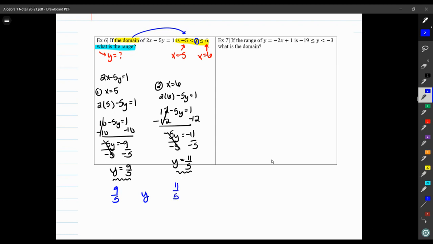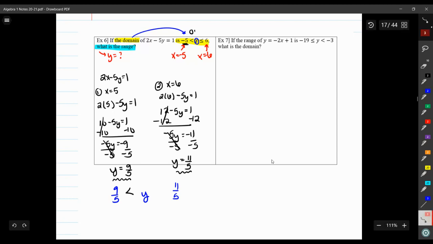Now, what symbols do we use? Look back at your original domain. For the negative 5, it was a less than. What that means is that would have been an open circle on that coordinate point. Well, if the x value was an open circle, the corresponding y value for that is also an open circle. So this 9/5 has to be less than.